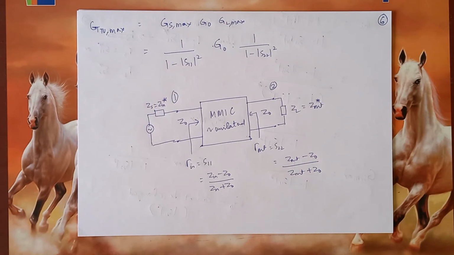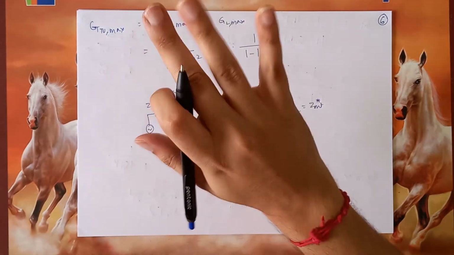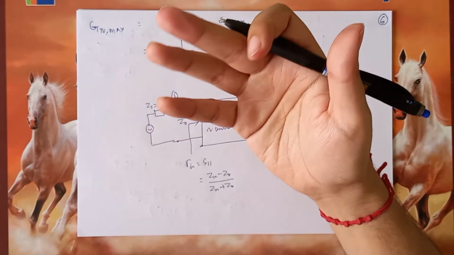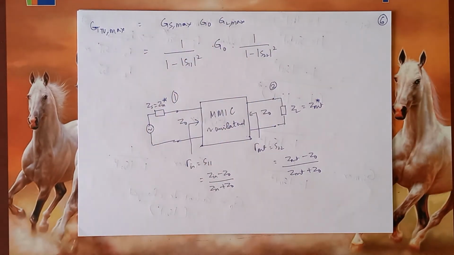Now, apart from the maximum possible gain, often it is not desired to have the maximum possible gain. Rather, we would like to use the MMIC to achieve the gain that we want. Often, or rather most of the time, we usually want some pre-decided value of gain which is often not equal to the maximum.